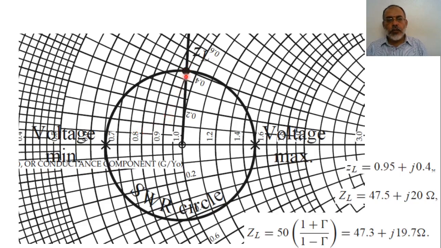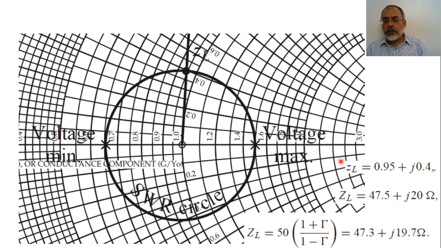This is the intersection point. The value of R is around 0.9 and the value of X is around 0.4. So, sorry, this is 0.95 because this is 0.9 and this is 1. So, this is 0.95 and this is 0.4.